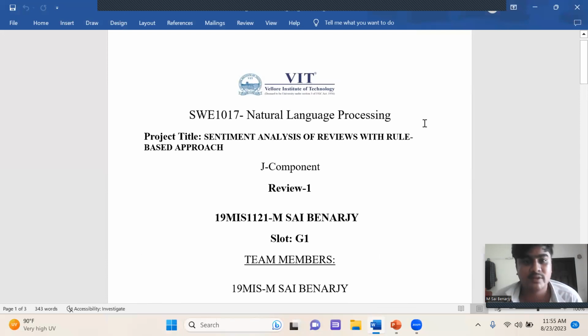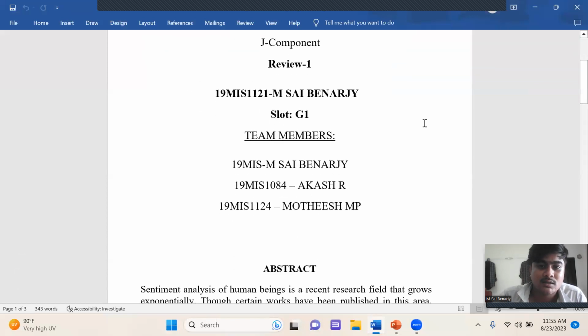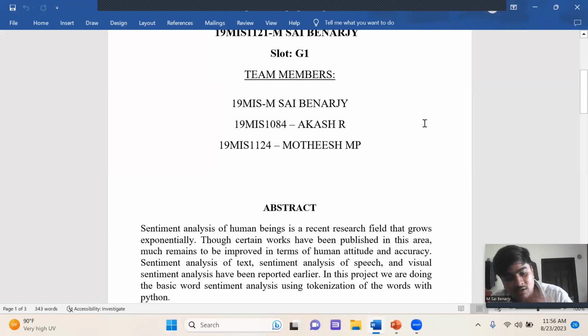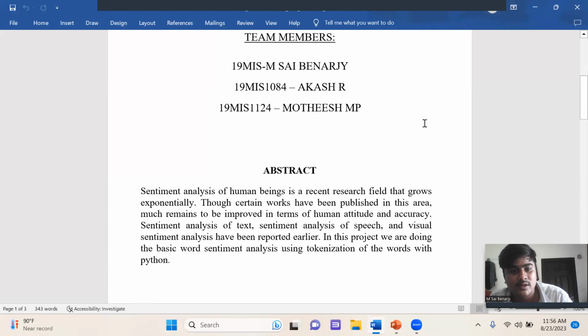I'm going to talk about my project title, sentiment analysis of reviews with a rule-based approach. That was my project title, and I'm from the G1 slot. My name is M. Saibanati, and my teammates are Akash, Motish, and myself. Our abstract: sentiment analysis of human beings is a recent research field that has grown exponentially, and certain works have been published in the area.